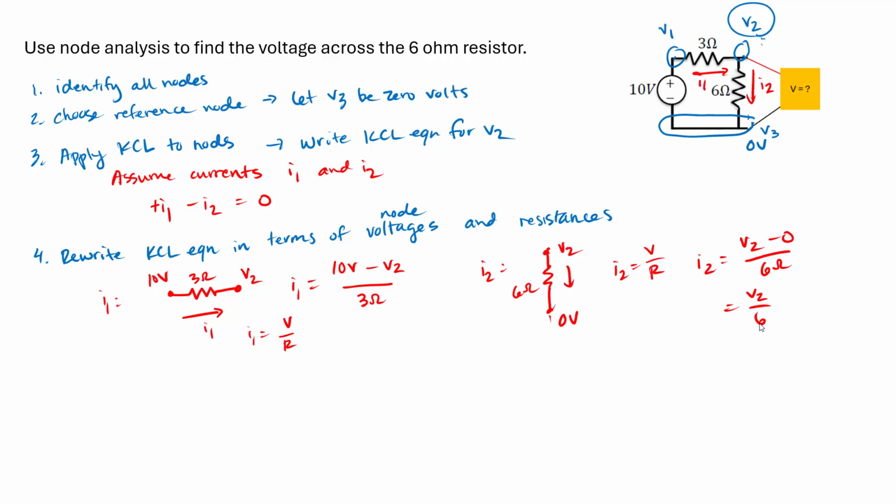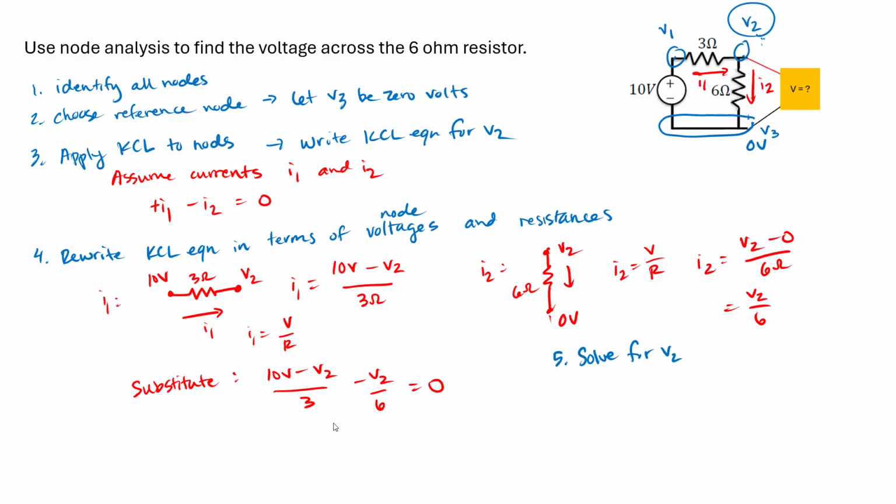All right, so we have I1 and I2, so finally we can substitute back. In this case, we have (10 volts minus V2) over 3 minus V2 over 6 equals 0. So our last step is to solve for V2.